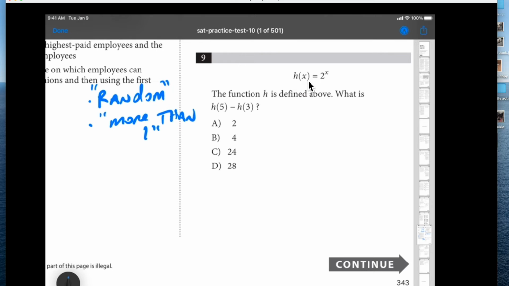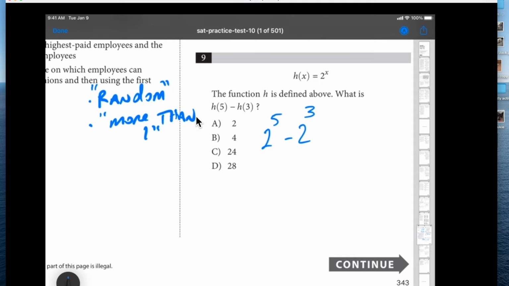Another h of x situation, we pattern match. Instead of h of x, we do h of 5 and h of 3, meaning everywhere you see x, you put a 5, and everywhere you see x, you put a 3. So if we do h of 5, that's going to be 2 to the 5th power minus 2 to the 3rd power.